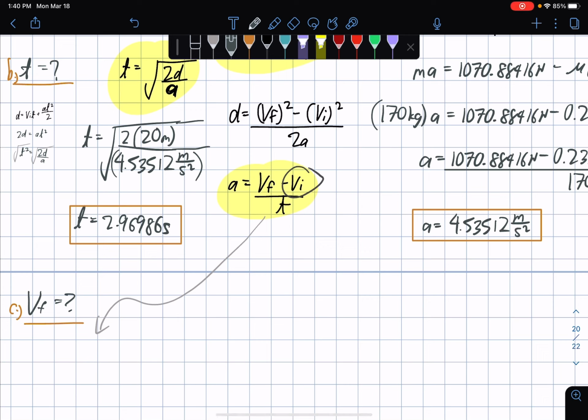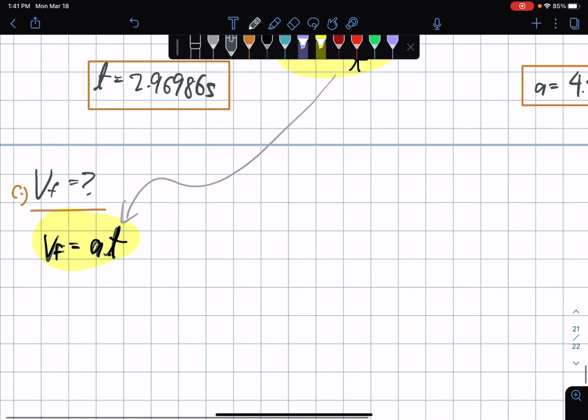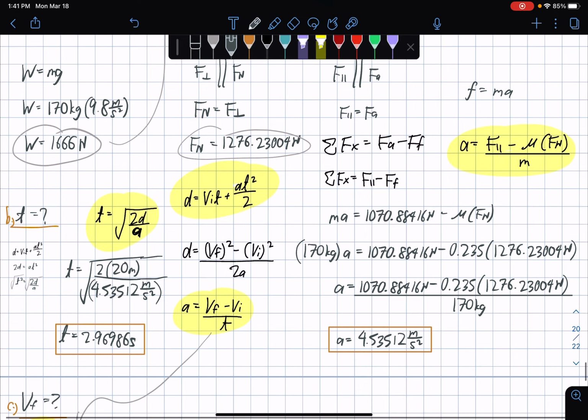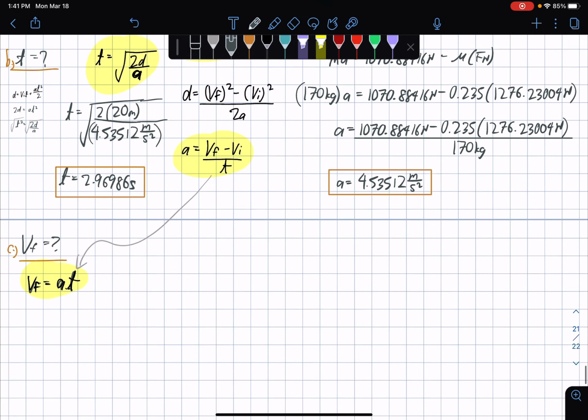We know that Vi is 0, so in other words, this is A equal to Vf over T. But Vf is what we're looking for, therefore Vf is equal to A times T. These formulas can be memorized, but you can always derive them if you forget. Just make sure that you memorize the basic kinematic formulas.